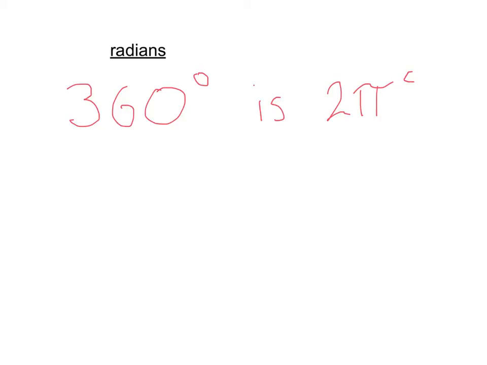So 360 degrees is 2 pi. Obviously, if you were to halve one, 360 degrees would become 180 degrees. We know that as being half a turn. You'd halve the other one, so 180 degrees is pi radians. Let's write that down as well. 180 degrees is pi radians. And you can see it building up from there.